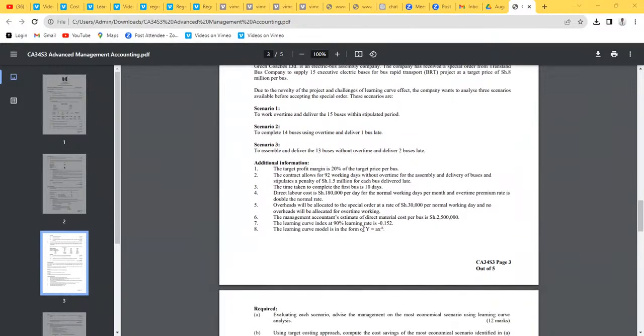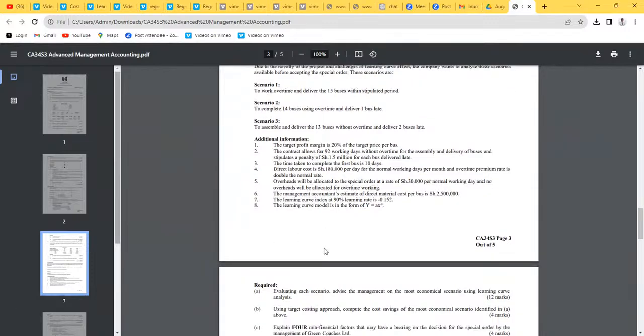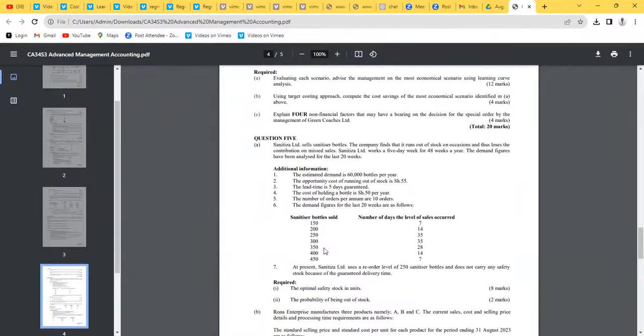If it is raised to power b, then x should be the cumulative, and y should be the average. Required: evaluate each scenario and advise the management on the most economical scenario using learning curve analysis. Using target costing approach, compute the cost saving of the most economical scenario identified above.